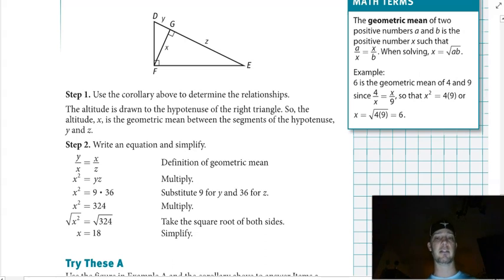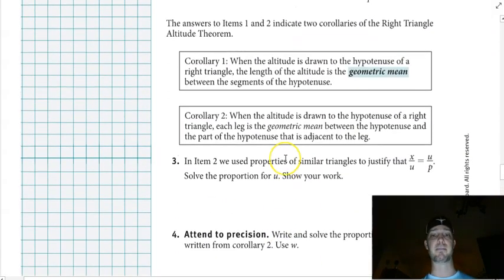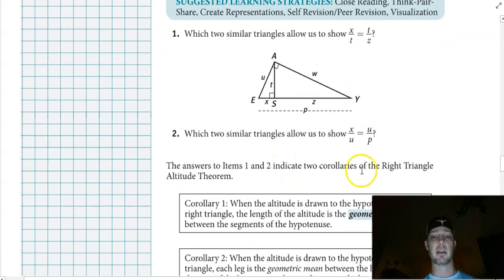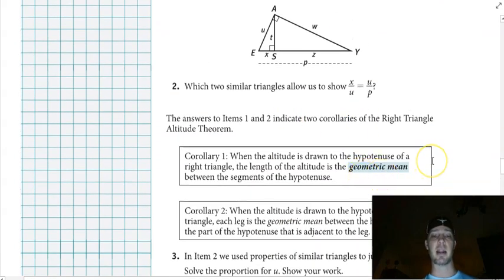So then let's look at the corollaries at the top about geometric mean. The first one says that when an altitude is drawn to the hypotenuse of a right triangle, as in this example here, the length of the altitude is the geometric mean between the segments of the hypotenuse.